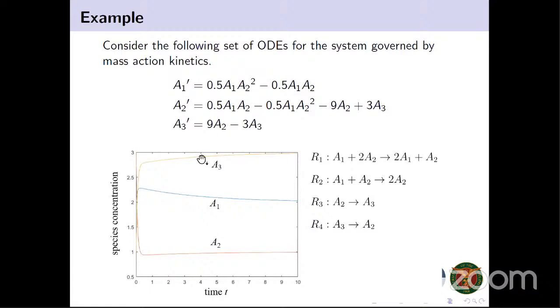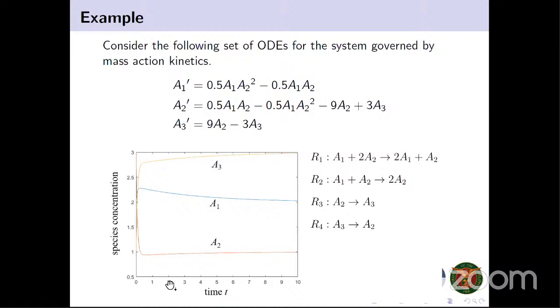Consider this a simple example. We have this ODE for the given system, which is governed by the mass action kinetics. So we have these differential equations, and this is the corresponding network, and you can actually get a graph from MATLAB.